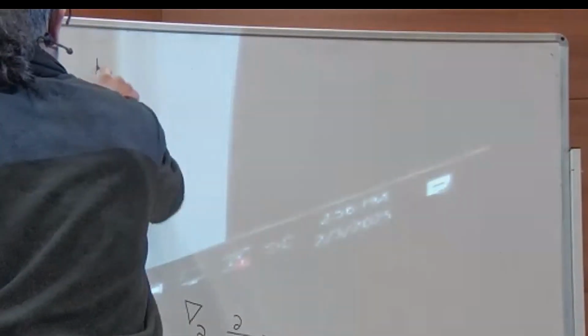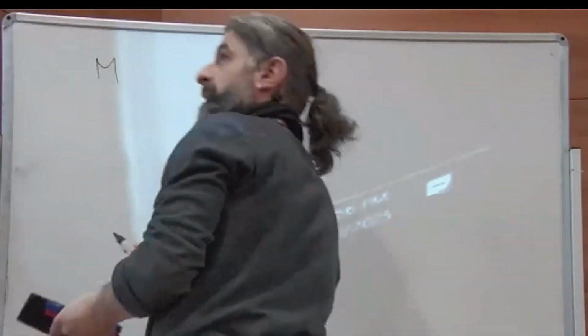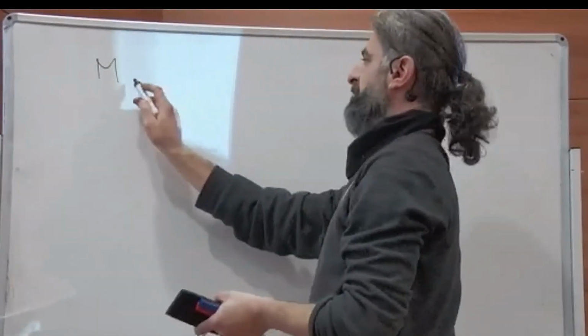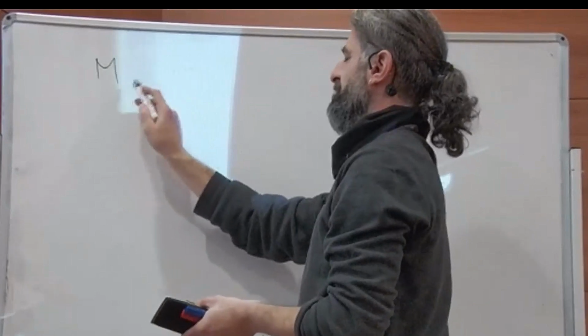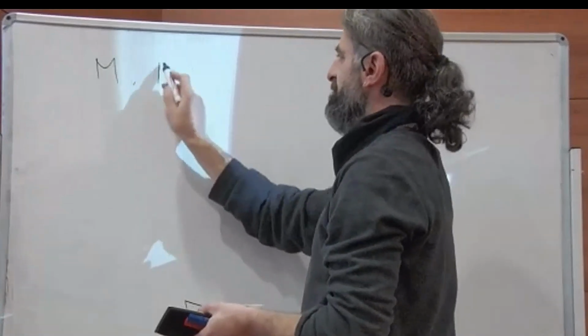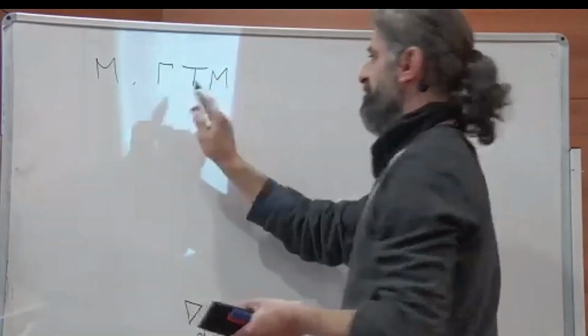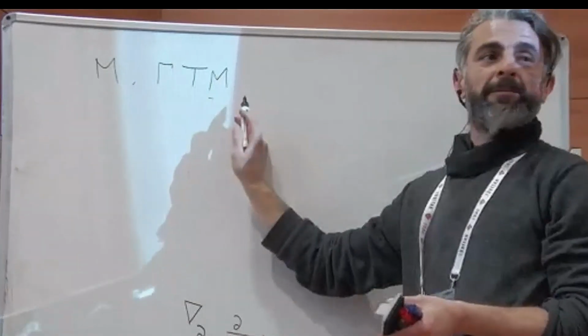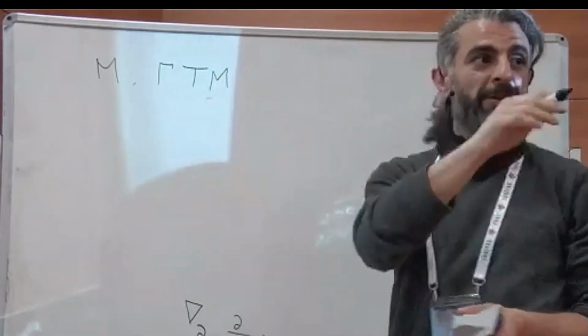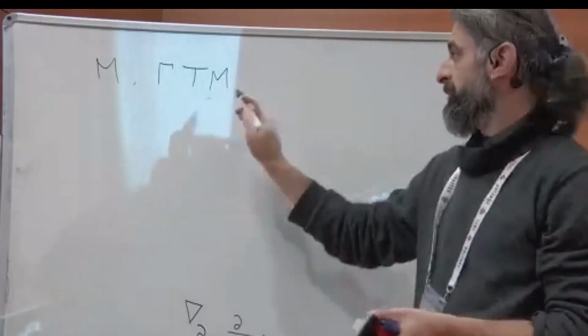For a general manifold, then, this is the tangent bundle. Özgür just started to define.